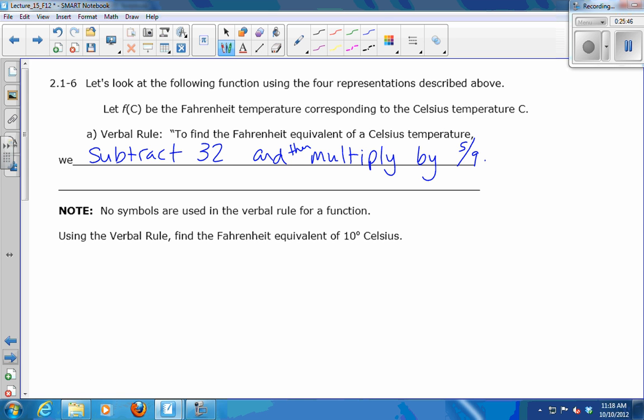Okay, good. So when you do the verbal rule, you don't use any symbols. You just write out in words what's happening. So using the verbal rule, we could switch 10 degrees Celsius to Fahrenheit. So I would subtract 32 from it, right? So I would get negative 22. And then I would multiply that by 5/9.